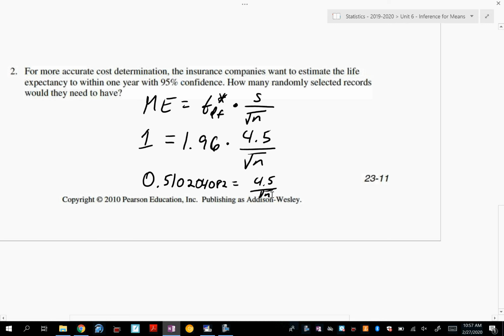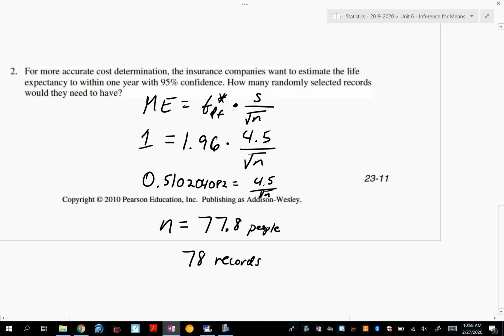Then I'm going to square it, because I don't want the square root of n, I want n. If I square it, I get 77.8 people, or records. So how many should I use? The answer is 78 records.